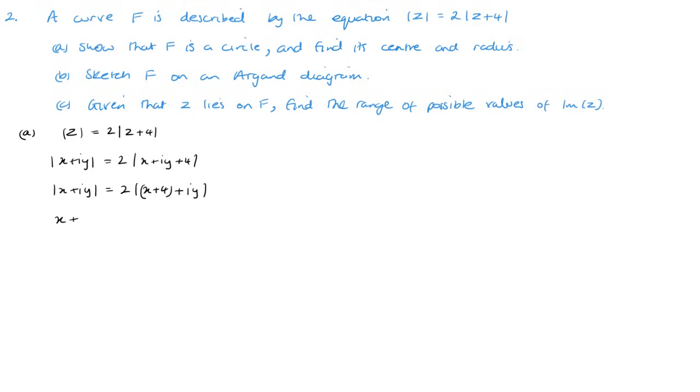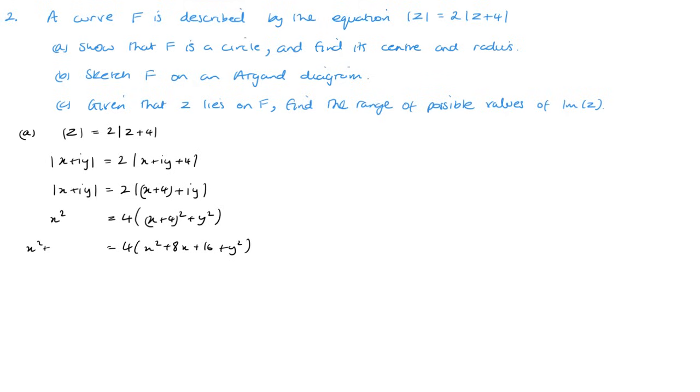So squaring both of these gives me x² + y² = 4((x + 4)² + y²). So that's 4(x² + 8x + 16 + y²). Sorry, I've done this wrong on the right.